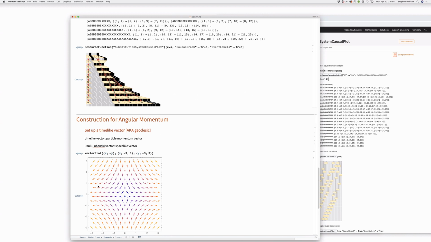Use y minus x. Very good. Okay, all right. So that's just my picture, maybe incorrect, of what I'm imagining the causal edges look like around this direction.